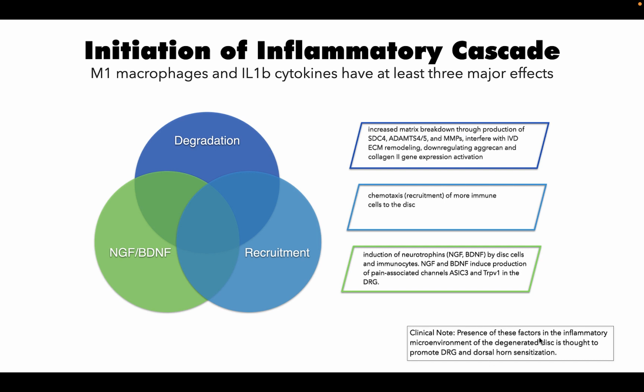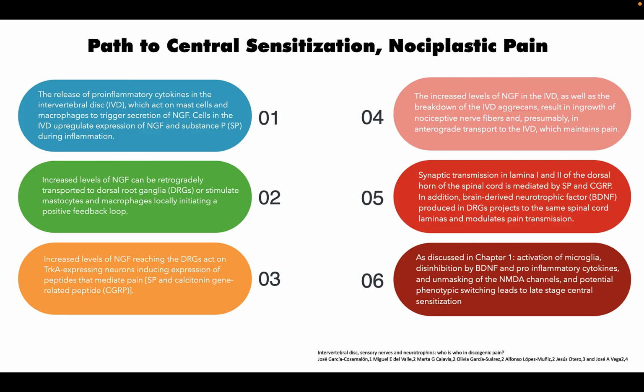Clinical note: presence of these factors in the inflammatory microenvironment of the degenerated disc is thought to promote dorsal root ganglion and dorsal horn sensitization, as we know. And now we have a clear-cut path to central sensitization and nociplastic pain, again, perhaps without any serious structural damage to the disc, simply an abnormal loading event leading to the initiation of inflammation.